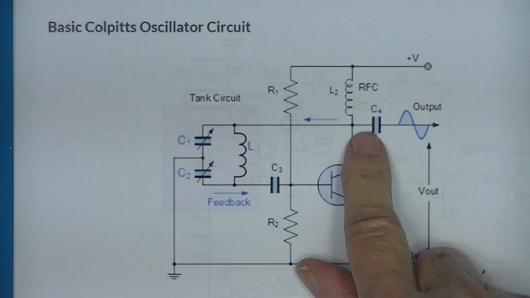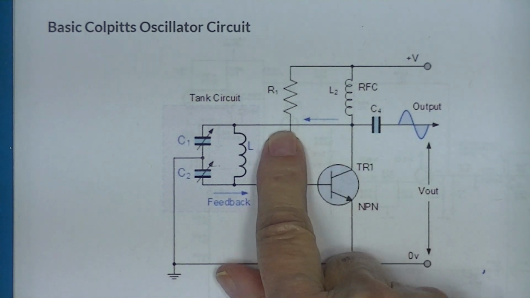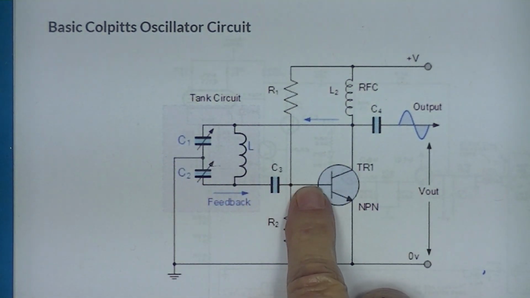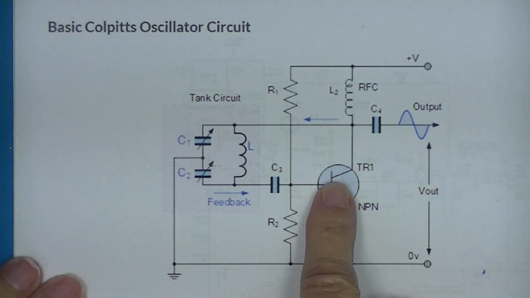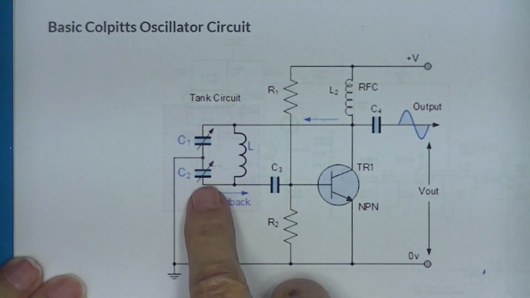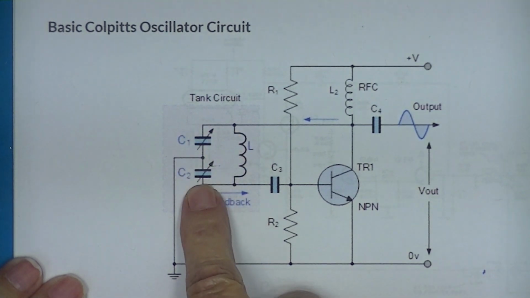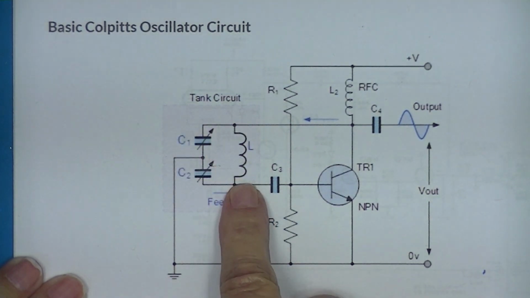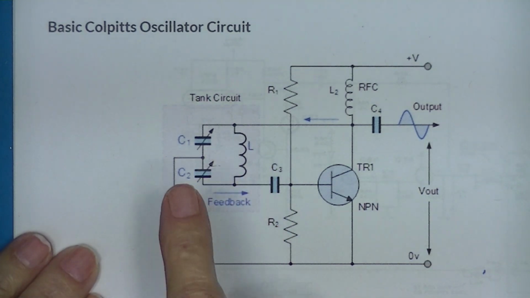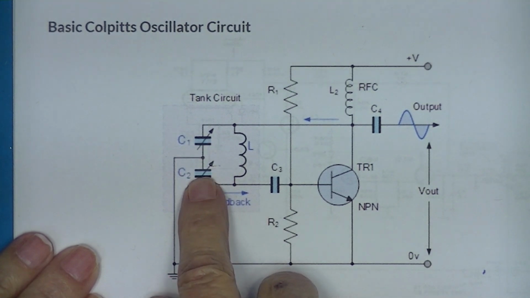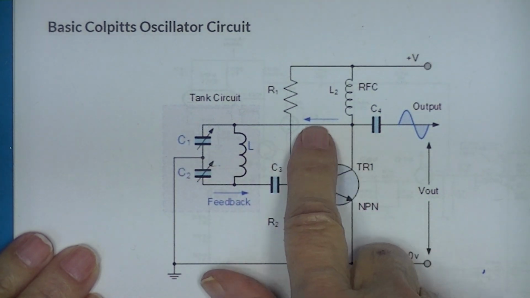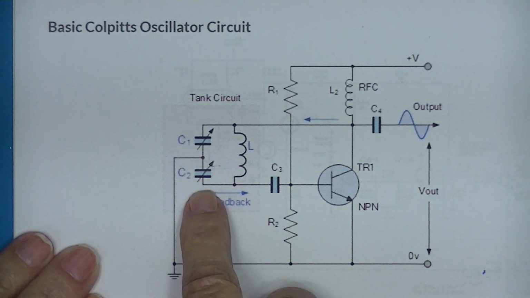Positive feedback is taken from the output and fed back to the input of the gain stage. In a Colpitts oscillator, the oscillation frequency is determined by this tank circuit, which is a capacitor in parallel with a coil. In the Colpitts system, the capacitor is split and the feedback energizes the input to the gain stage.